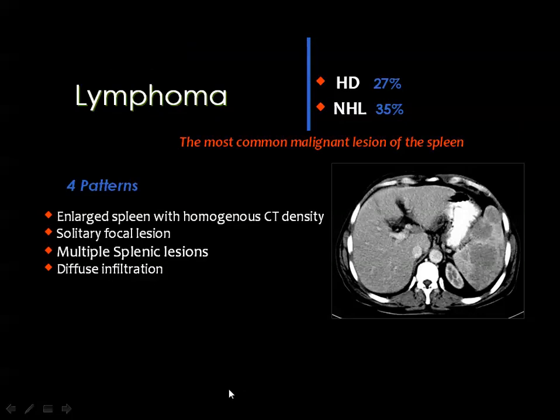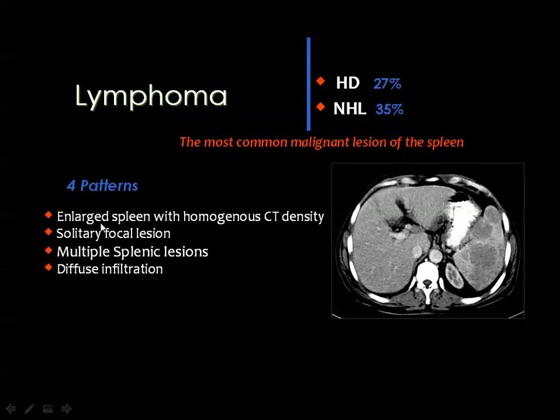And we come to the lymphoma, and lymphoma is the most common malignant lesion of the spleen. The spleen is involved by Hodgkin disease in about 27% of the cases, and in non-Hodgkin lymphoma in about 35% of the cases. We have 4 patterns of splenic involvement by lymphoma.